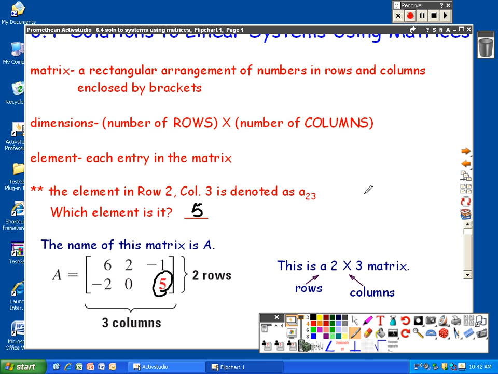How about if I asked for A1,2? So that would be row 1, column 2 would be 2. So since there are 2 rows and 3 columns, it is a 2 by 3 matrix. That would be its dimensions.